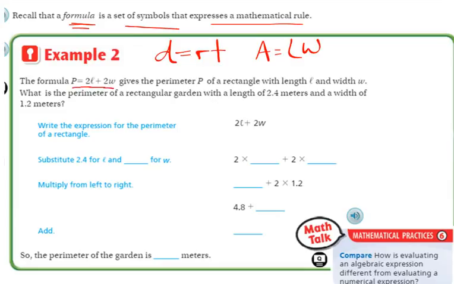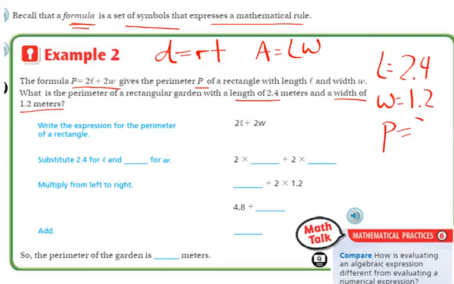So we have the formula P equals 2 times the length plus 2 times the width, which will give you the perimeter of the rectangle. What is the perimeter of a rectangular garden with a length of 2.4 and a width of 1.2? So I know right now that the length is 2.4, the width is 1.2, and I want P. My formula is written.